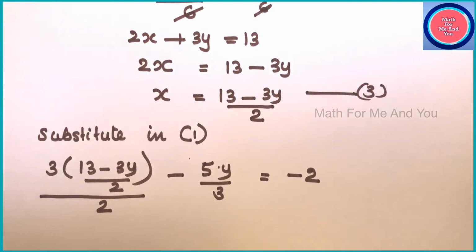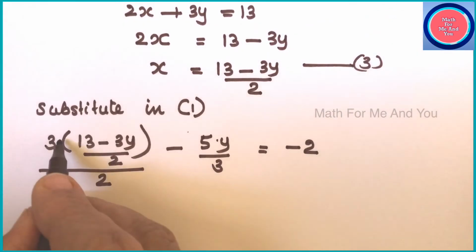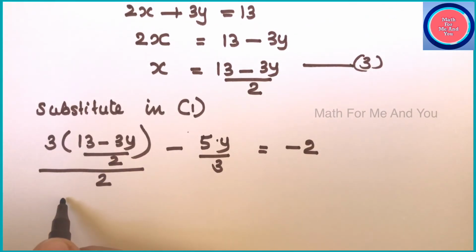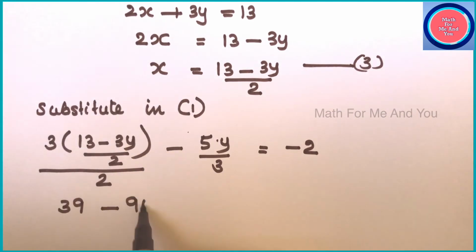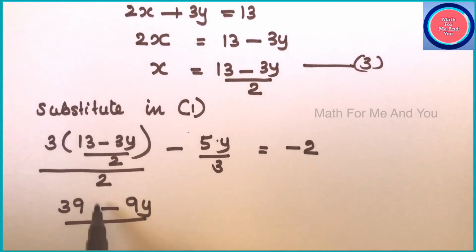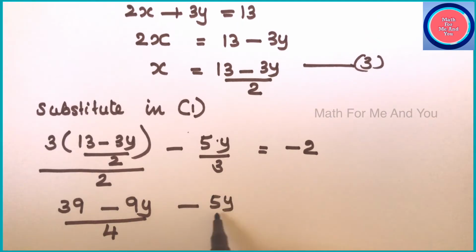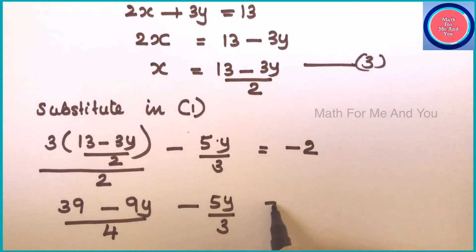Simplify the bracket. 3 times 13 is 39 minus 3 times 3, it is 9y, all divided by 2 and also 2. So total denominator 2 times 2, 4, minus 5y over 3 equals minus 2.